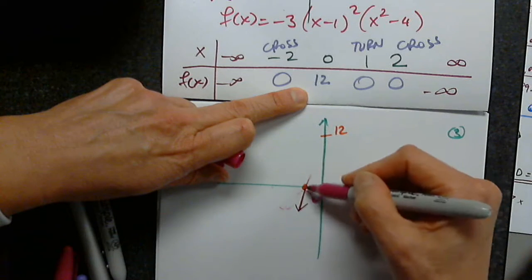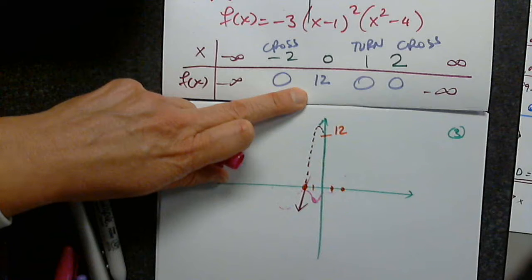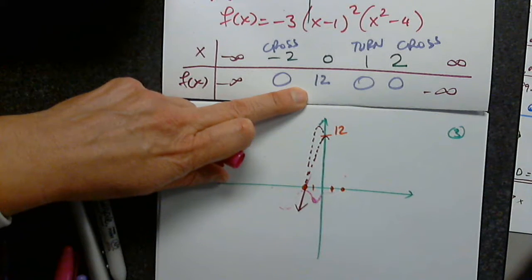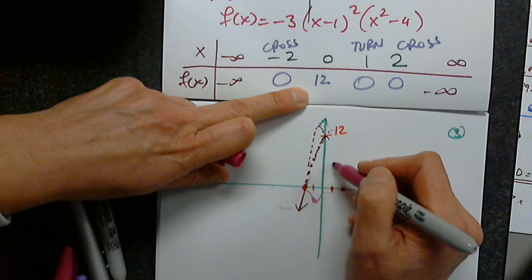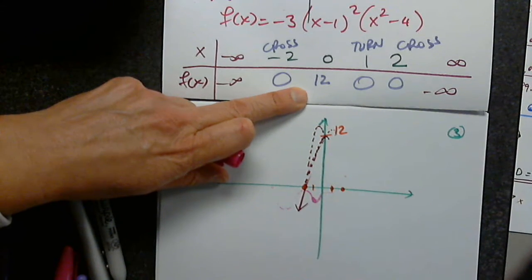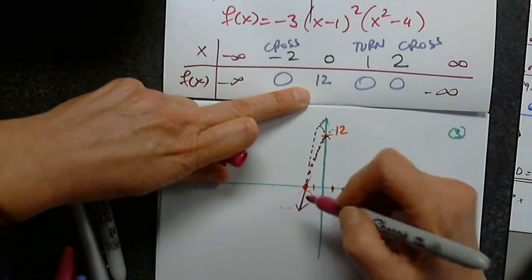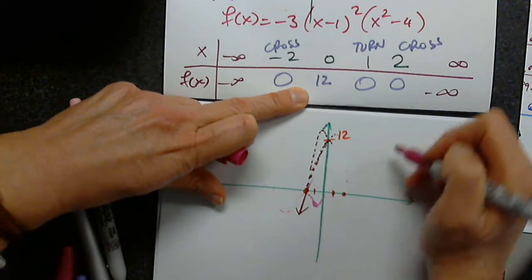I don't know if it does this. It's unlikely that it does this. And I don't think it does this. Because it's kind of difficult to do this and then come back here.